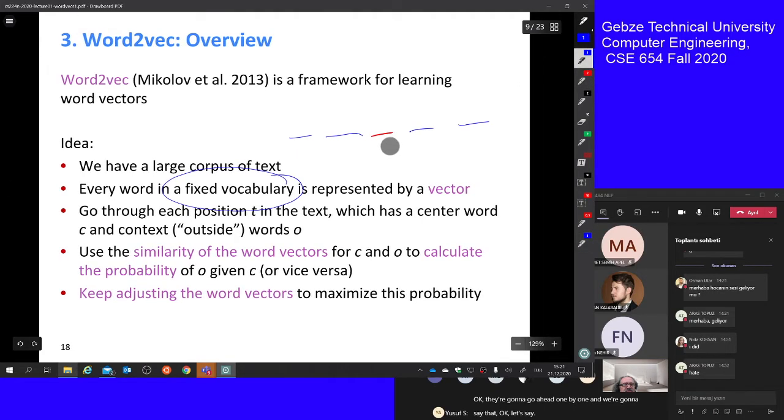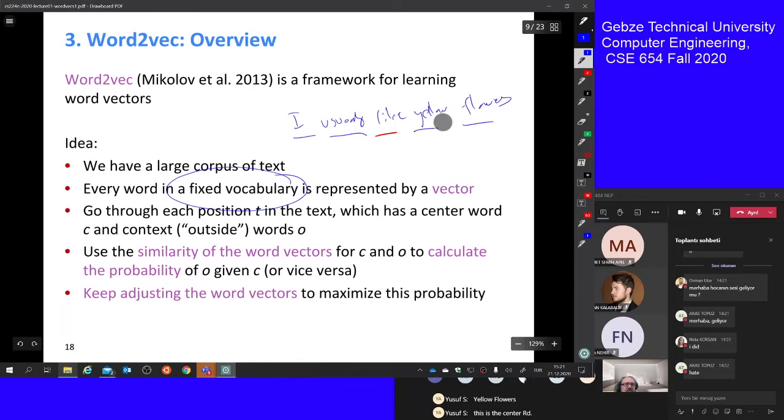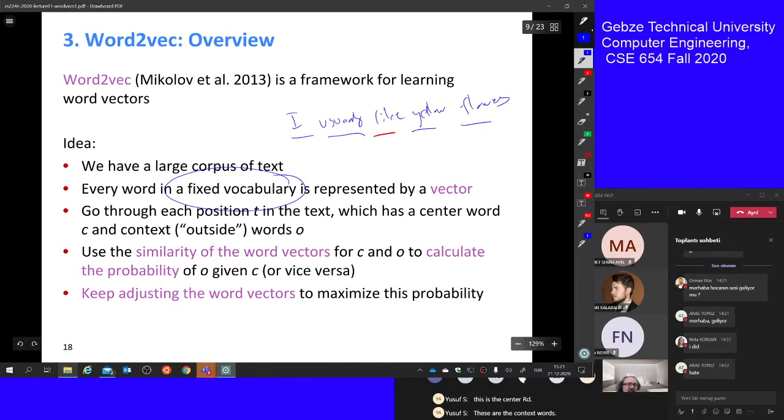Let's say this is my center word. I usually like yellow flowers. This is the center word, and these are the context words. The red is the center word, and the blues are the context words.